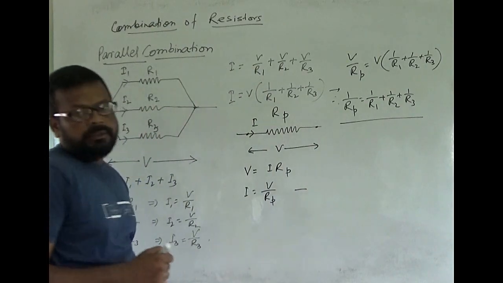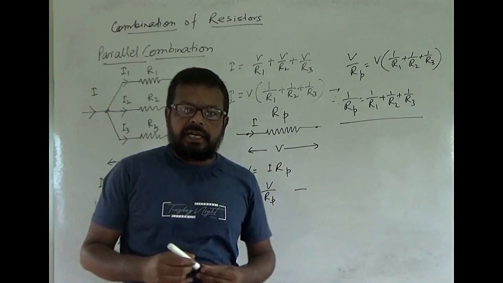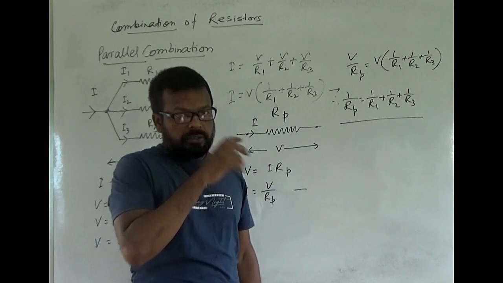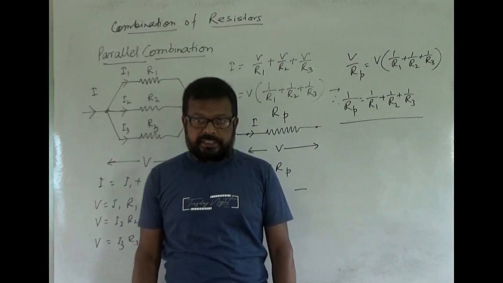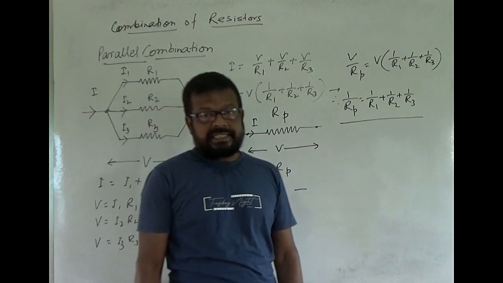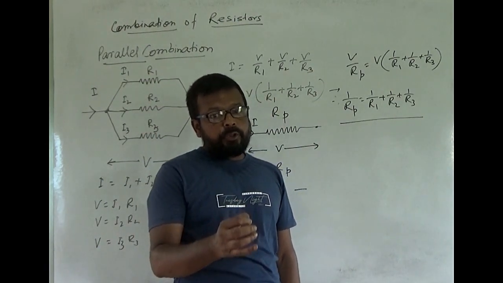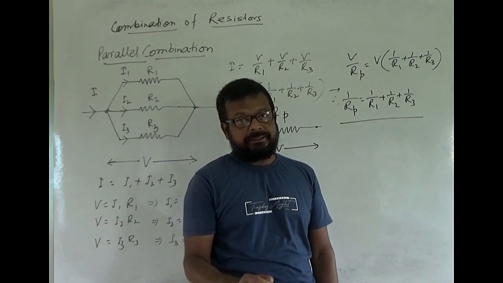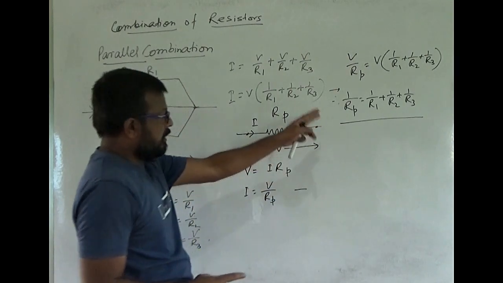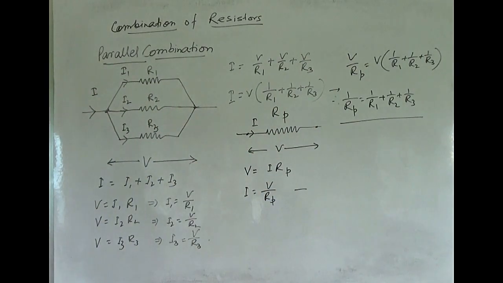That is, the reciprocal of the equivalent resistance of the parallel combination is equal to the sum of the reciprocals of each resistance connected in parallel. This is the formula for parallel combination.